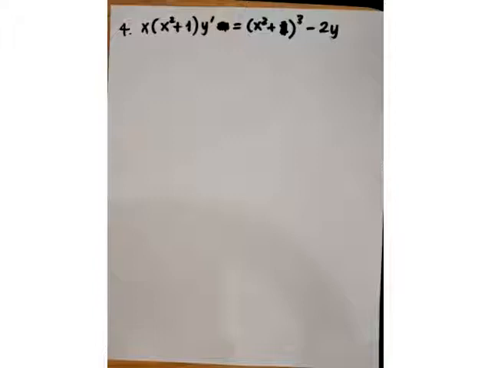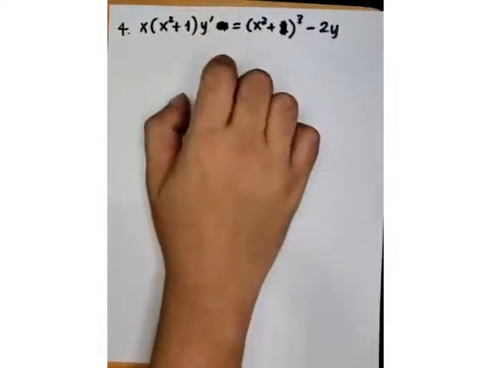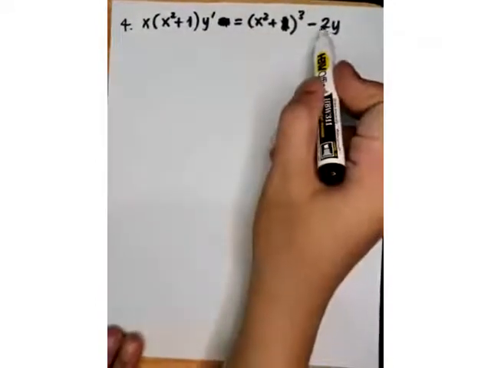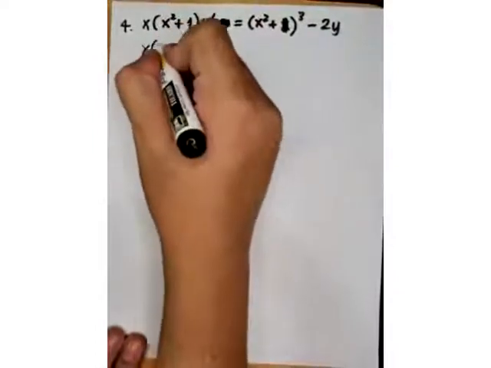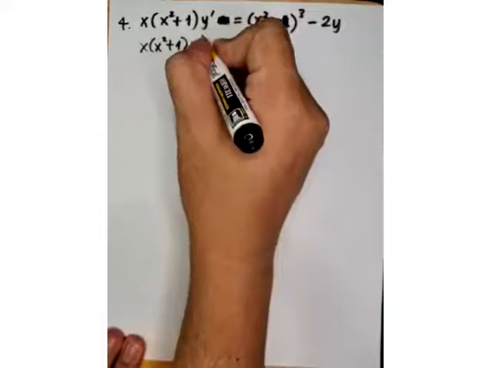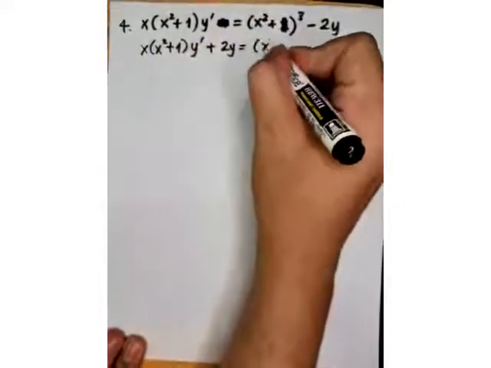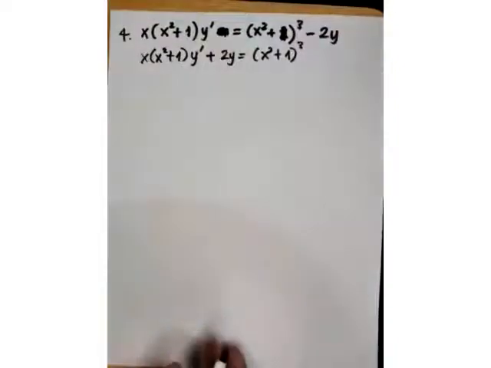Okay. May class, wala tayong problema, nakagawa na yung ating dy over dx. So, ang gagawin na lang natin is ito, i-transpose natin. So, we'll have x times x squared plus 1 y prime plus 2y is equal to x squared plus 1 raised to 3. Ayan. Okay?